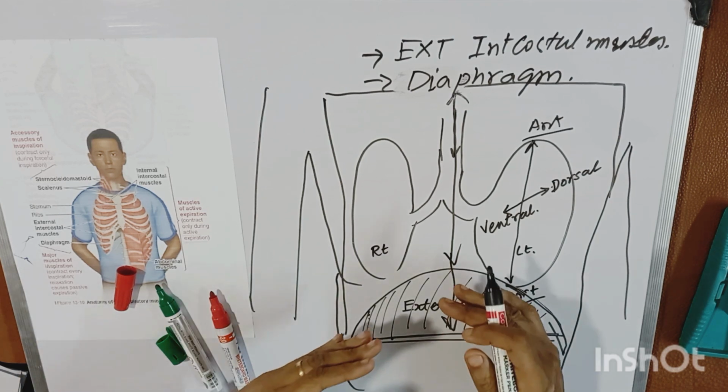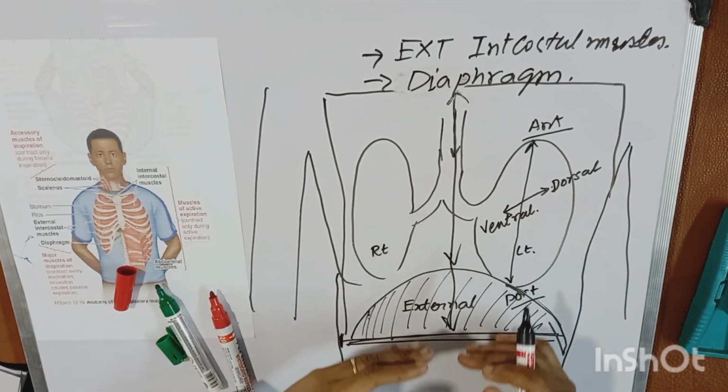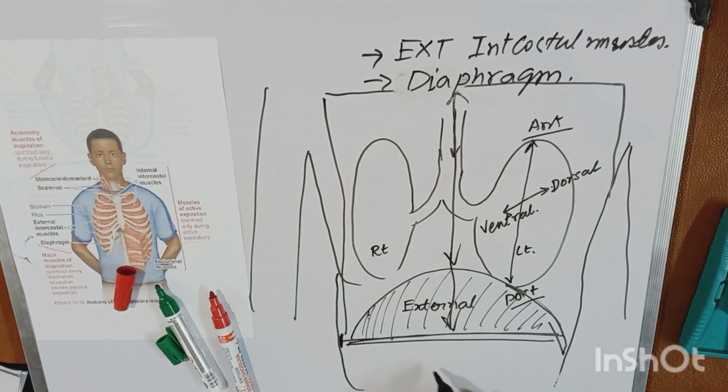So when this diaphragm comes down, below it are the abdominal contents: the liver, stomach, intestines, pancreas. These abdominal contents get pushed outward. The abdominal muscles relax, and the abdominal contents go outward.